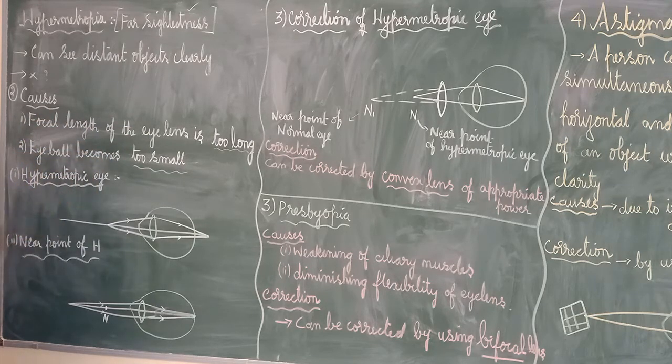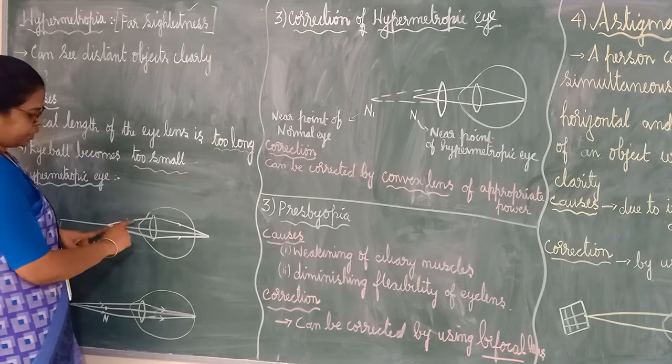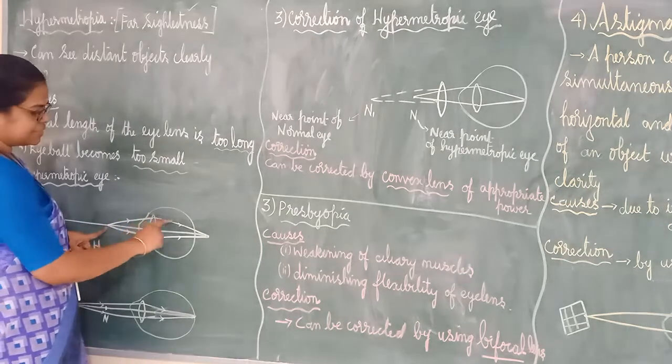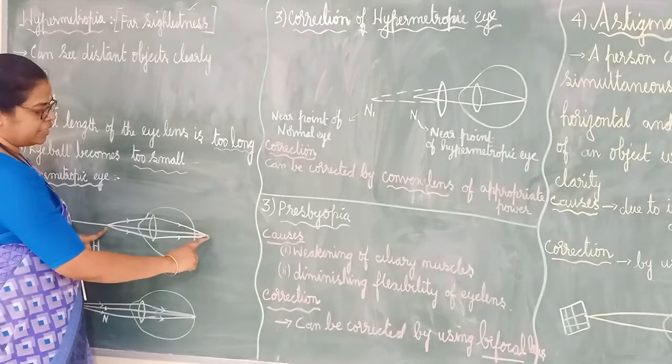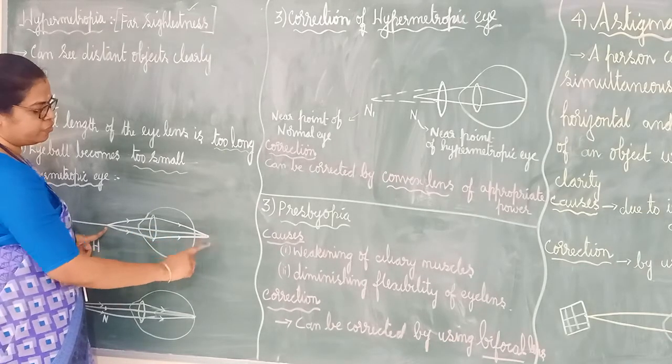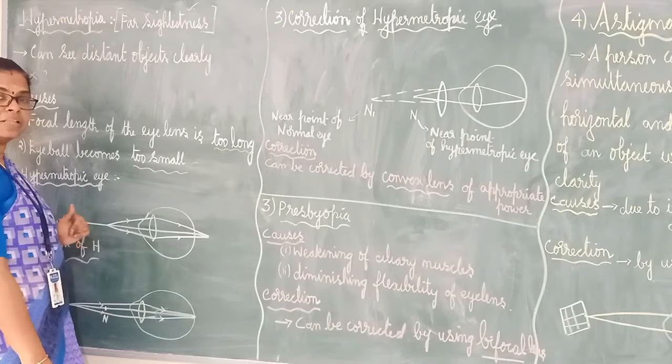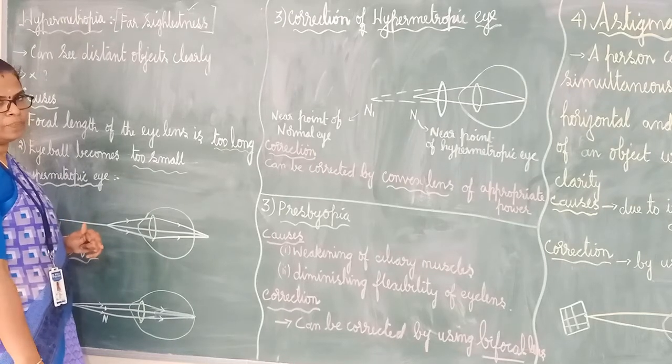Hypermetropic eye, how will it be? See here, actually this is the normal person. For a normal person, the point will be here. But for hypermetropic people, the point will be here and it will diverge like this and converge, and here the image will be formed. We have studied where the image is formed: on the retina.